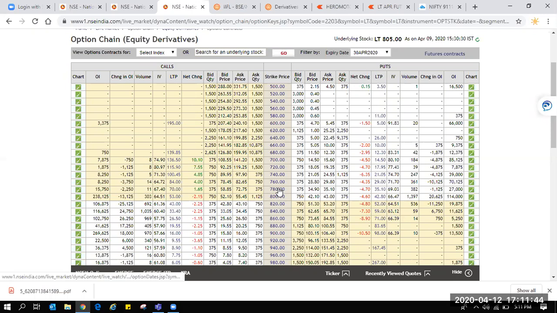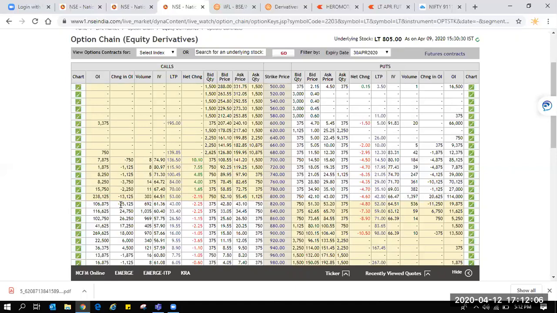Now coming to the next, if we are considering the upward trajectory, if we want the stock to go up, what will happen in that case? We will expect unwinding on the call side and addition on the put side, because puts will give you support and calls will give you resistance.